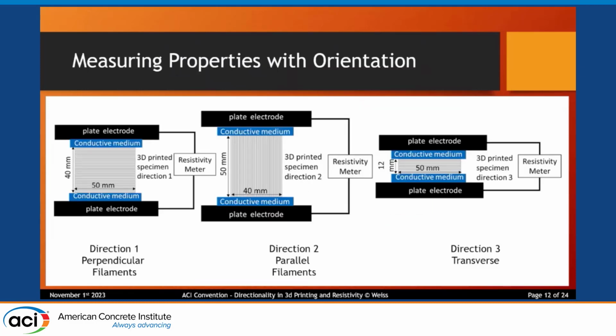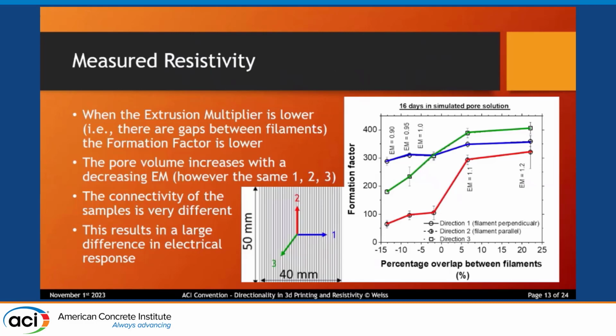So again, as we start to look at this, we're going to measure these resistivity properties, and then we're going to start to perform some of these calculations and look at those calculations and try to interpret what's happening. So here's the majority of the data that I'm going to share, which is just the formation factor or the resistivity that we're measuring in this system. And as we look at this, if we look at the overlap between the filaments, right, so this is that one with the high extrusion multiplier where the system is kind of bulging.